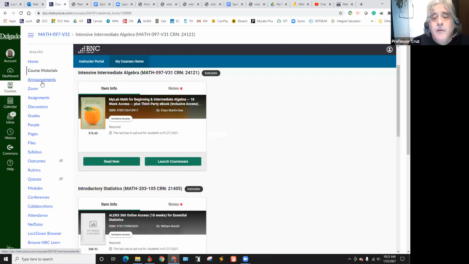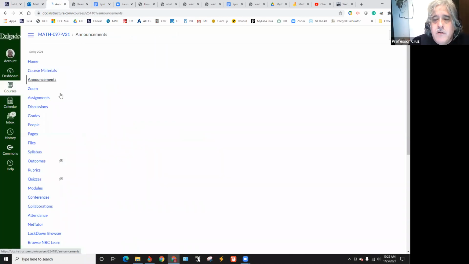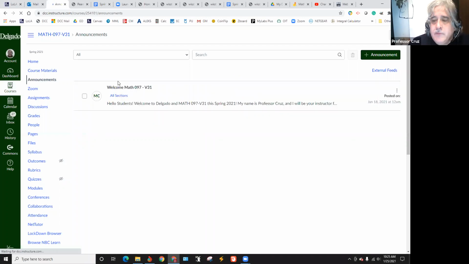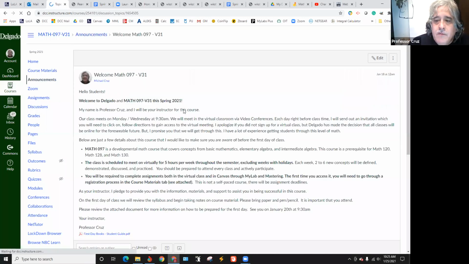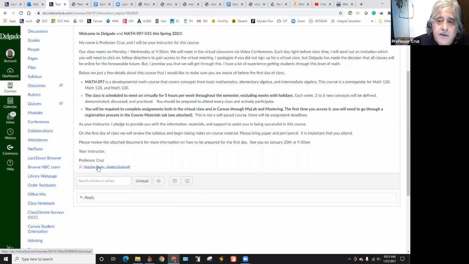Now, if you want a visual for it, in the announcement that I sent out, I've also got it linked in the syllabus addendum, but I've actually attached a PDF showing what it looks like for the student to go through that process.